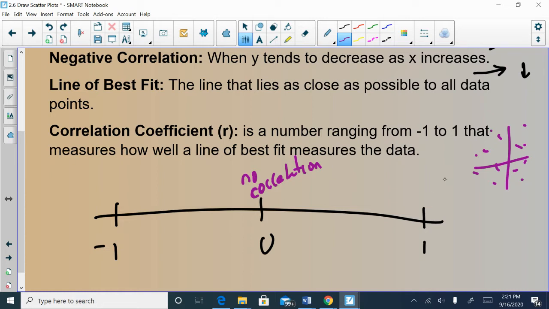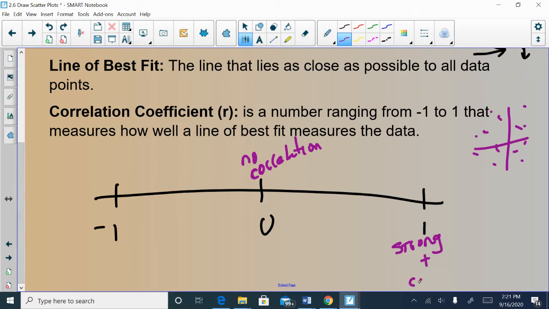A correlation coefficient of 1 would indicate strong positive correlation. So what I mean by strong correlation is that all of the dots, all of the points that we've graphed, seem to make a very distinct line.